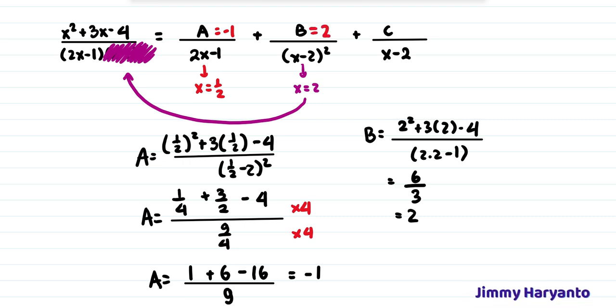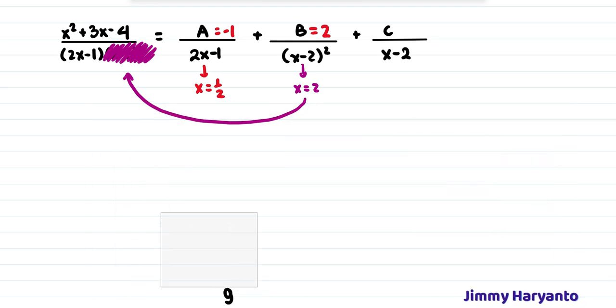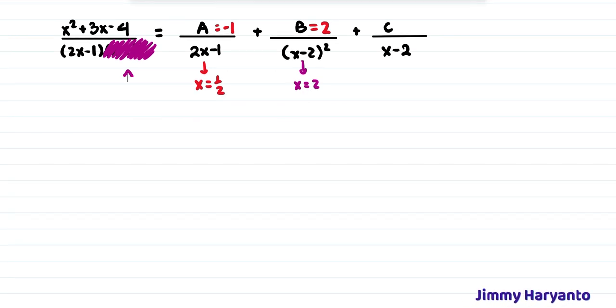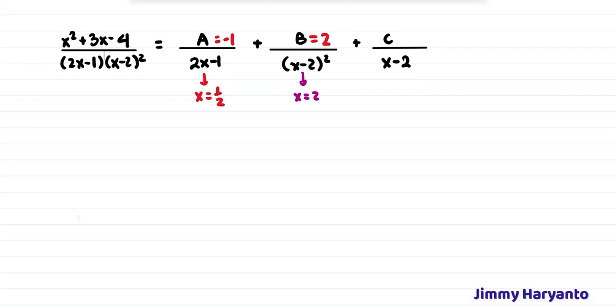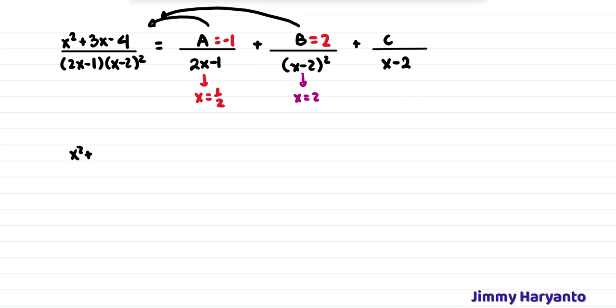Okay, I will erase this one first because we need space to find the c. For the c, you cannot use the previous method because it will be undefined. That means you have to move this to the other side. Just move them. So you'll have x squared plus 3x minus 4 over 2x minus 1 times x minus 2 squared.